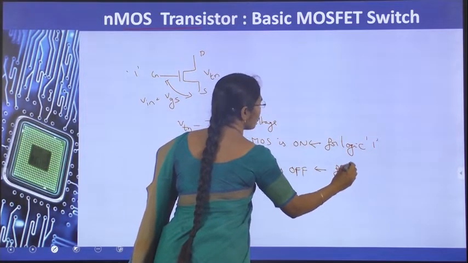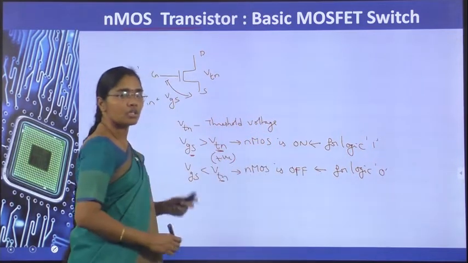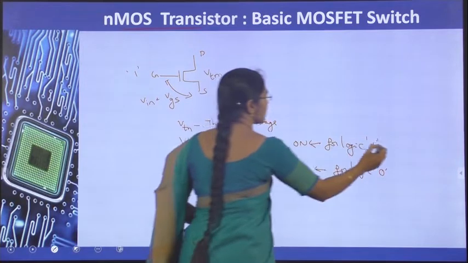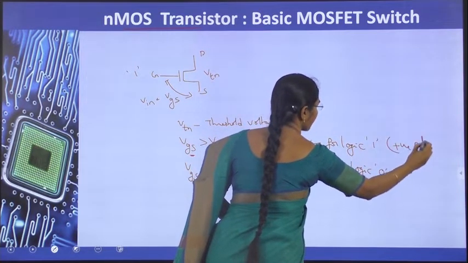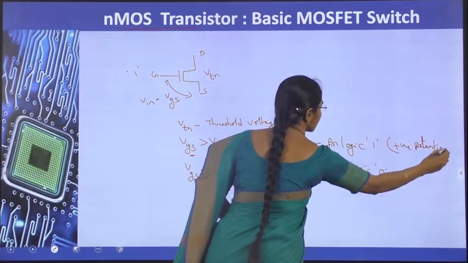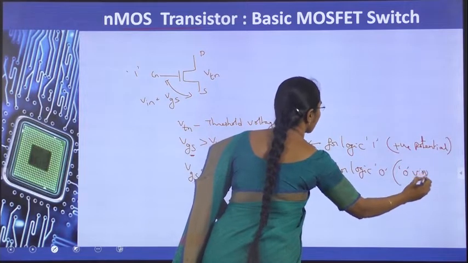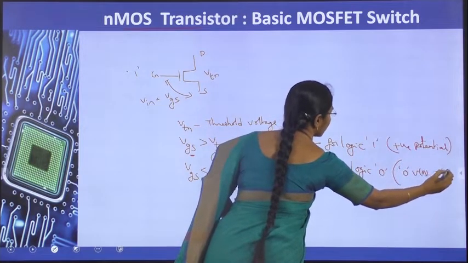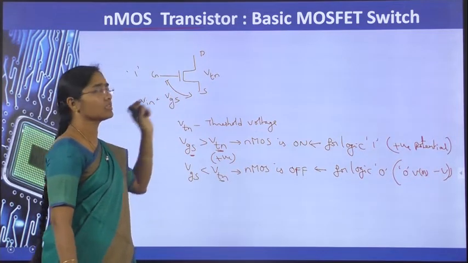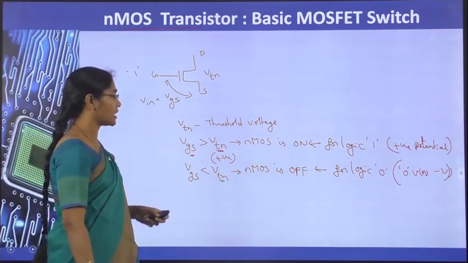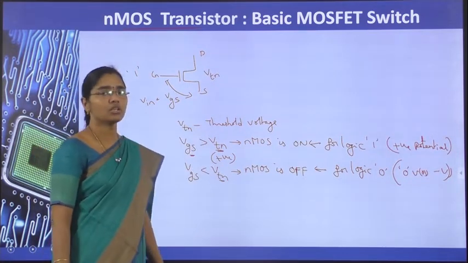For logic low, NMOS is off. Logic high is generally represented with a positive potential, and logic low may be represented with 0 volts or negative volts. For these two cases, the NMOS is in the off condition. Off is represented with an open switch, on with a closed switch.